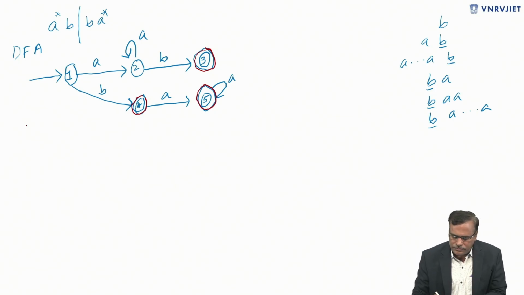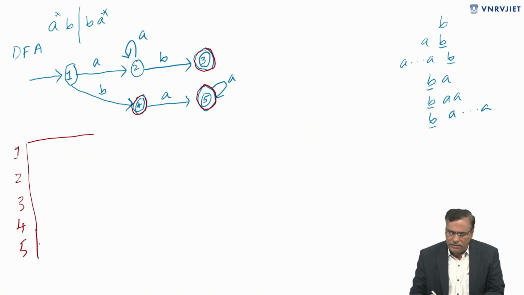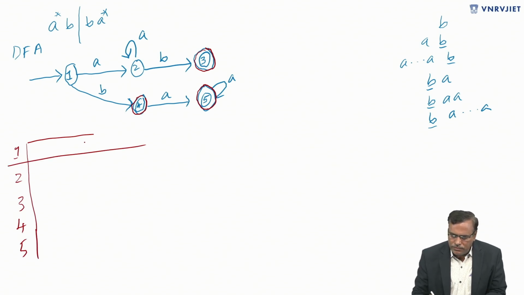So let me take this transition table, that is delta. You know what states you have? 1, 2, 3, 4 and 5. These are the 5 states that you have, and 1 is the start state. These 3, 4, 5 are final states.